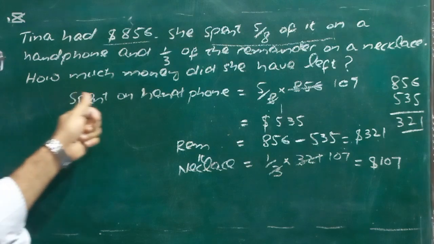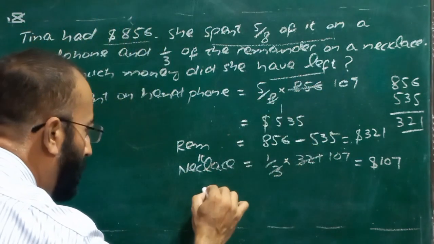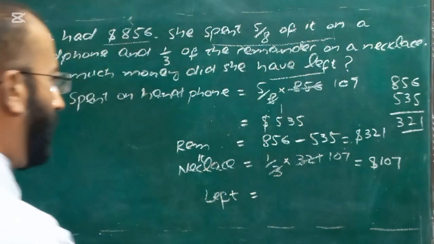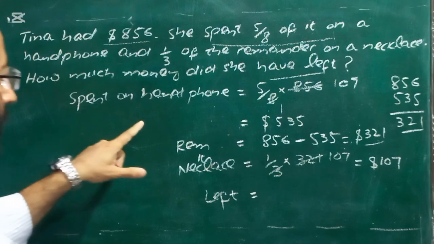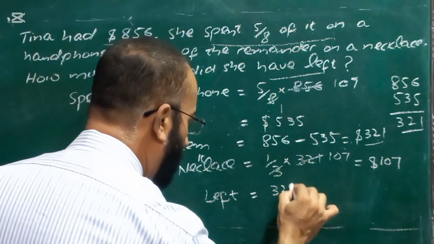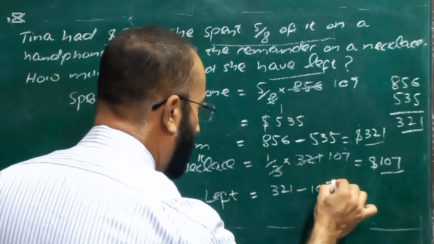Okay, how much money did she have left? So left money will be equal to, this was the remainder after purchasing the handphone. So this is the 321 and this further is spent on necklace.